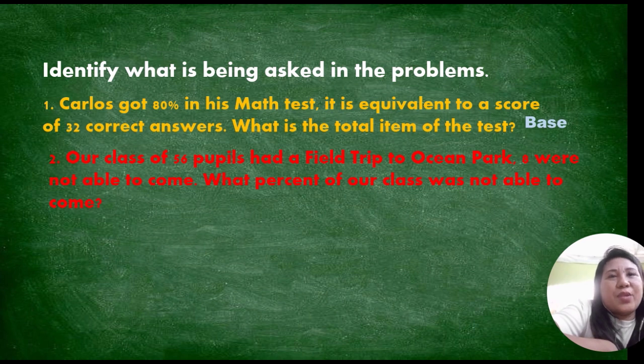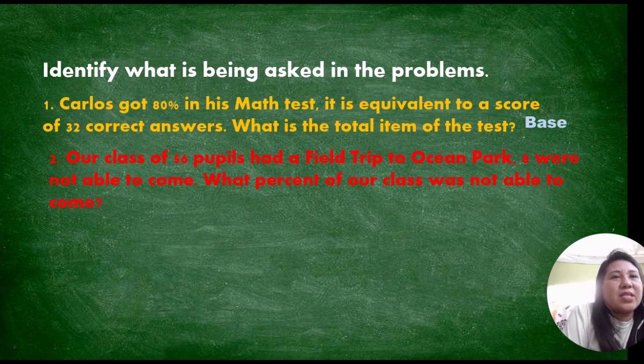Let's have another problem. Our class of 56 pupils had a field trip to Ocean Park. 8 were not able to come. What percent of our class was not able to come?